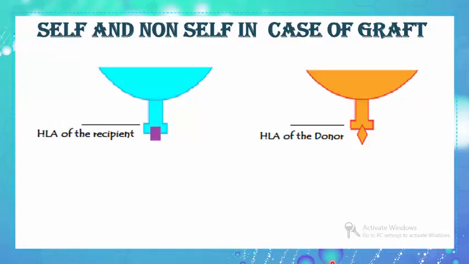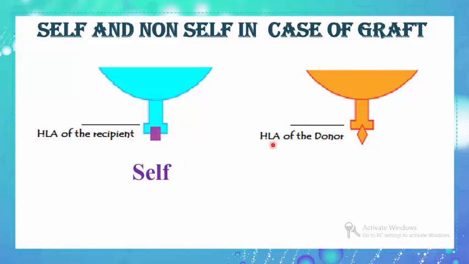We state that each individual is unique and has his own biological identity, which is represented by marker molecules HLA that are recognized as self. In case of a graft, once the donor is different than the recipient, we look directly to the similarity of the HLA molecules between the two. Thus, the HLA of the recipient, of course, will be recognized as self.